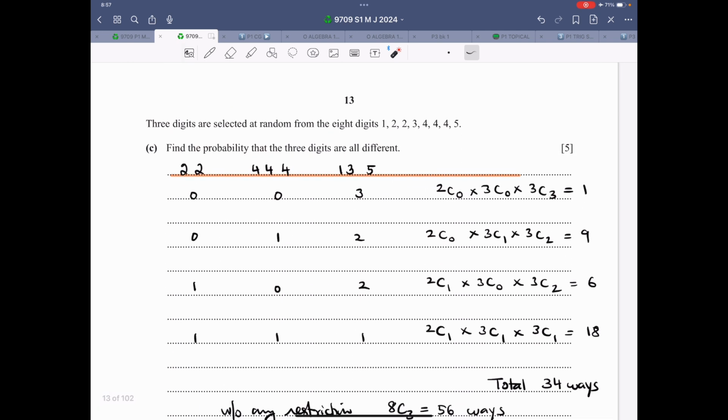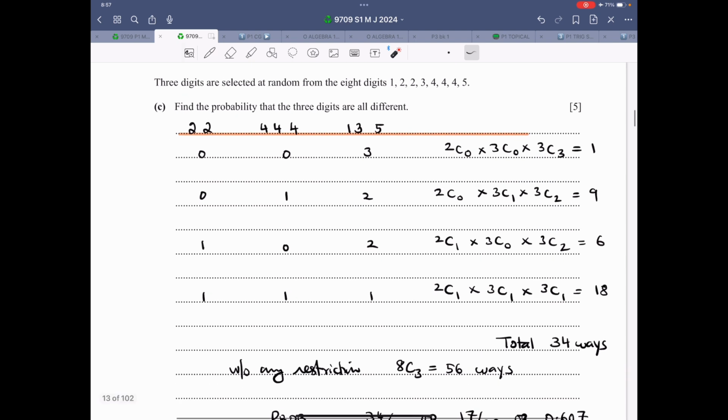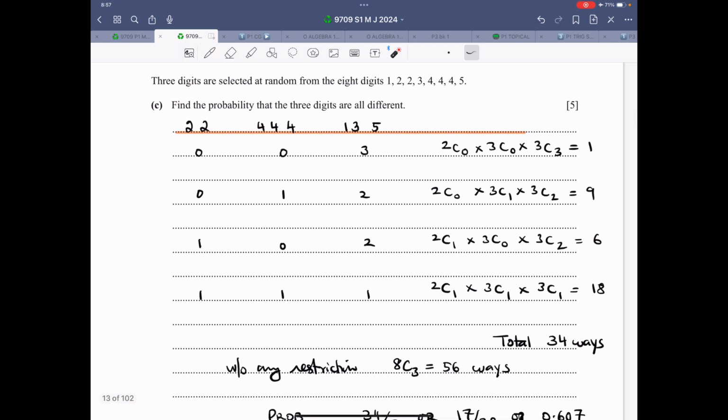So now this one, 3 digits are selected at random from the 8 digits. Find the probability the 3 digits are all different. Now they have done it in many different ways. I mean, you can just have a look at the mark scheme. You will get all bogged down and you will have a mental blockage. Let me do it the easy way. When we talk about probability, even if they are identical, we will treat it the normal way.